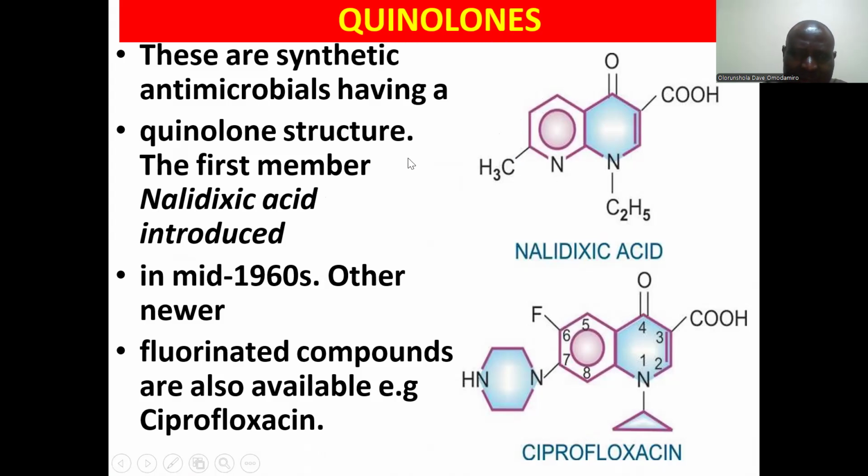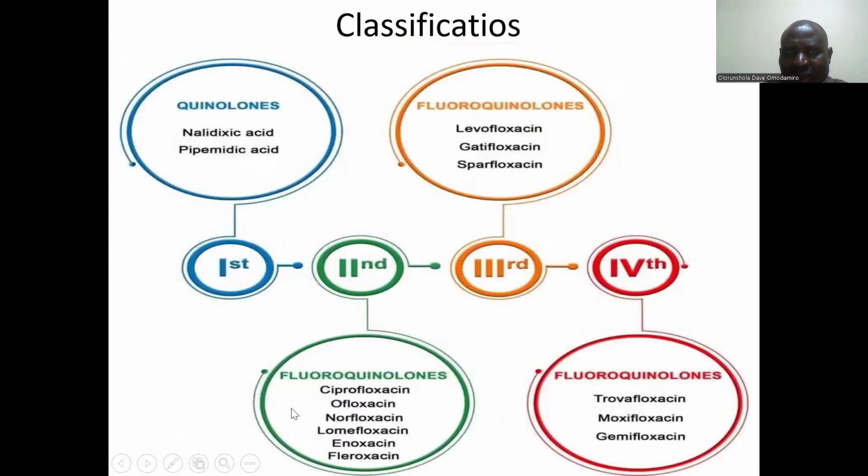This drug, nalidixic acid, was introduced in the mid-1960s, with other newer drugs, which are fluorinated compounds, also available. A typical example is ciprofloxacin. Of course, we will look at various classifications of quinolone.